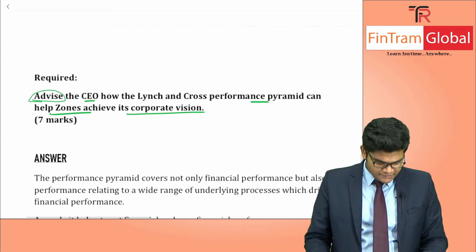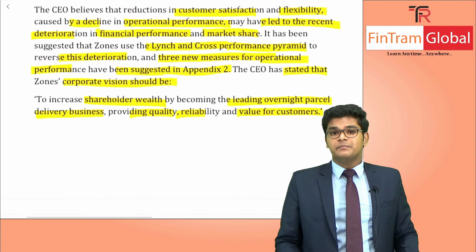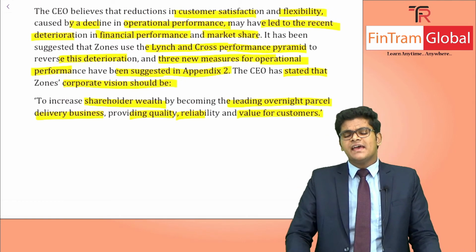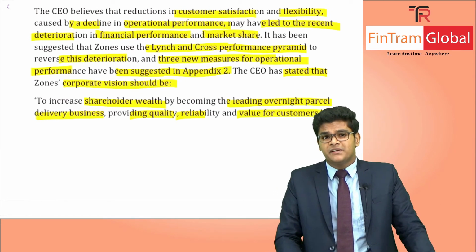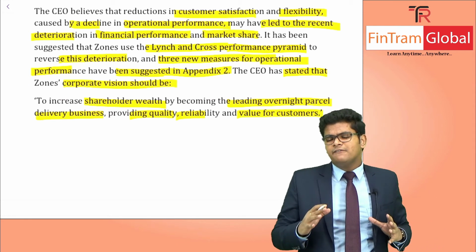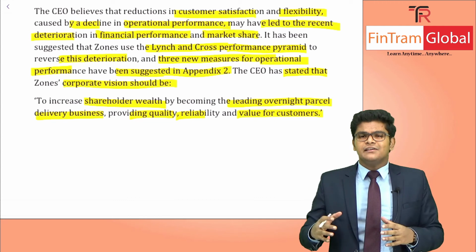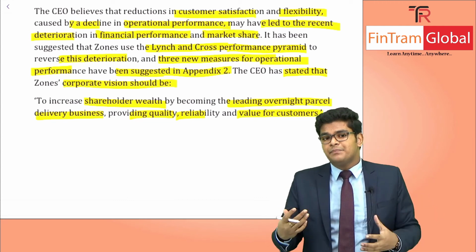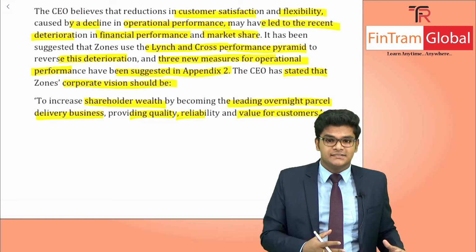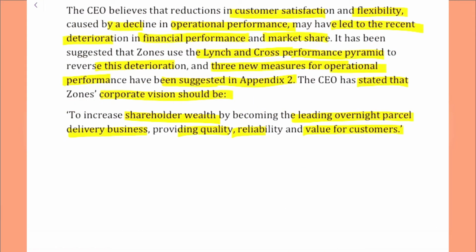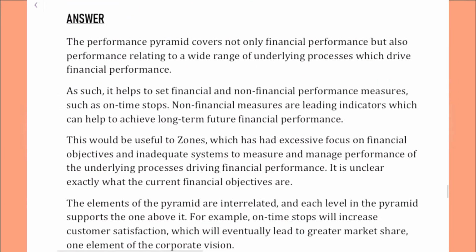So that's basically all the information from the scenario. Now we have to apply the performance pyramid. Now you might be feeling that it might be a bit difficult to do that. However, let's take a look at an answer to identify an example as to how to structure your answer, shall we?